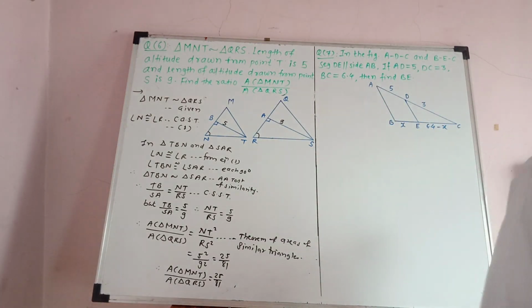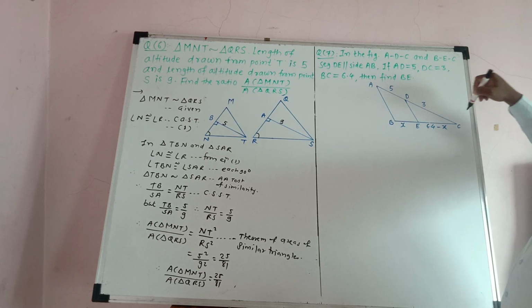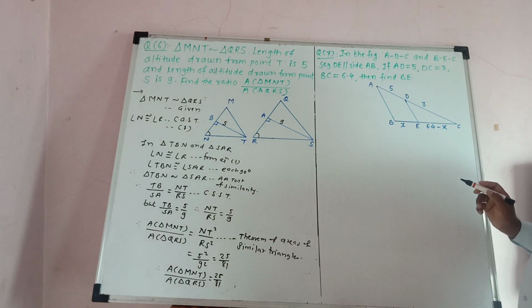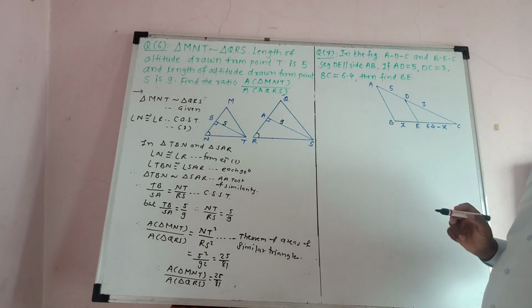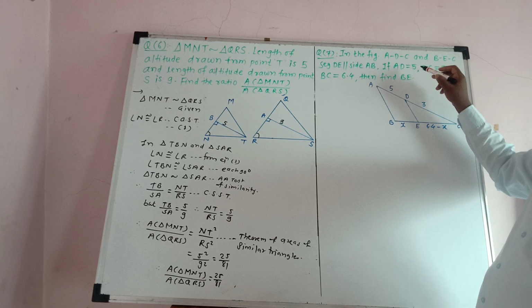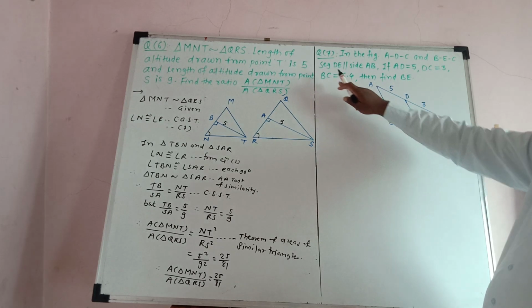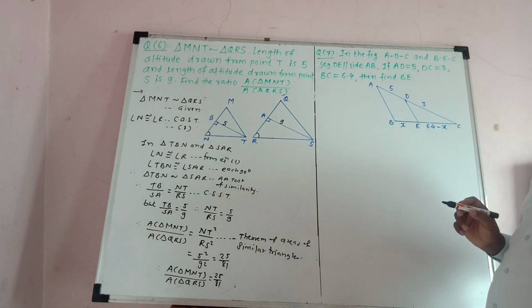Now example number 7. In the figure, A-D-C and B-E-C, segment DE parallel to segment AB. If AD is equal to 5, DC is equal to 3, BC is equal to 6.4, then find BE.